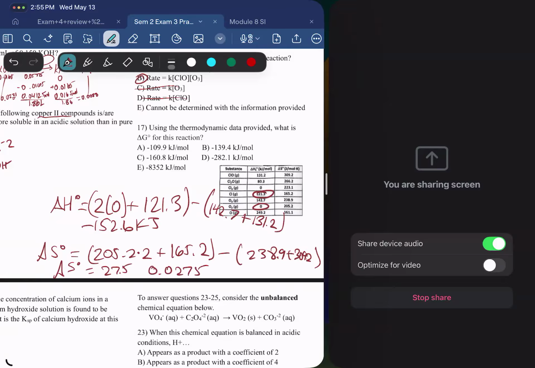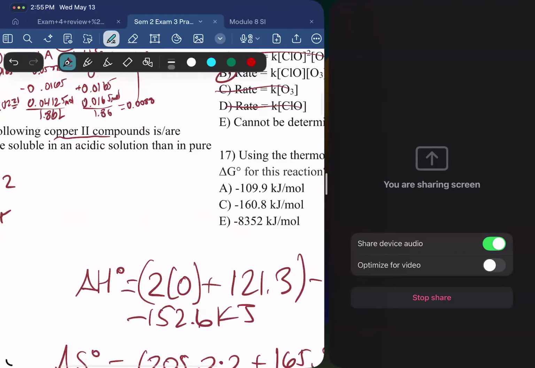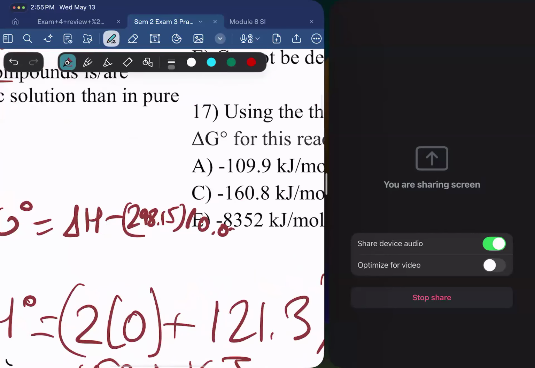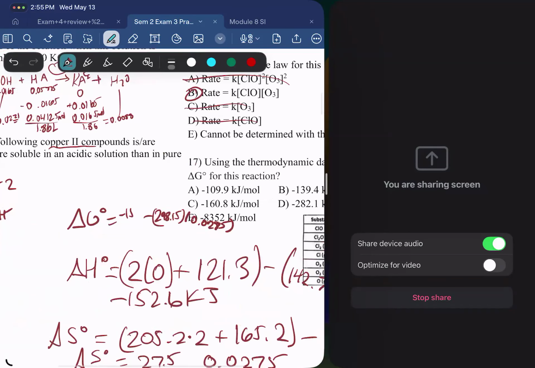So it should be 0.0275. And then we plug it into delta G naught is equal to delta H minus T delta S. And T is going to be 298.15. And you plug in the values accordingly, right? Yeah, and then you should get your answer.